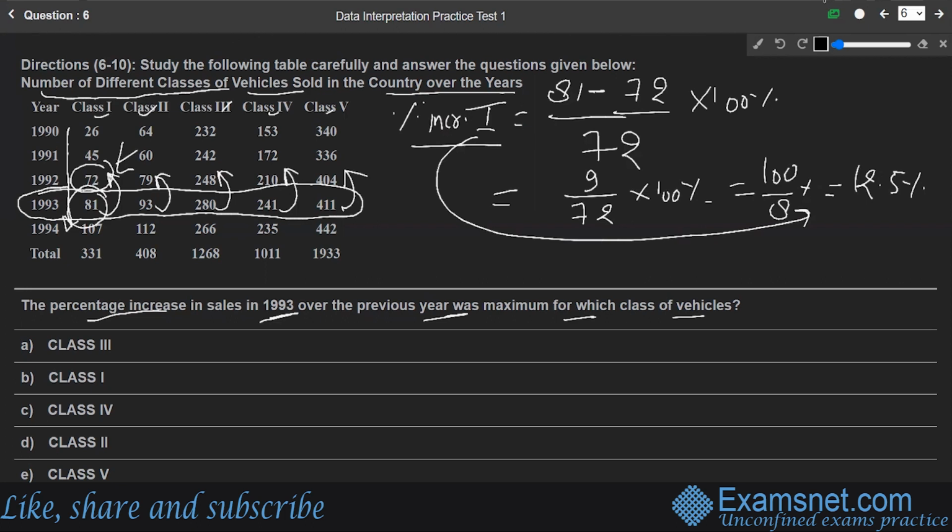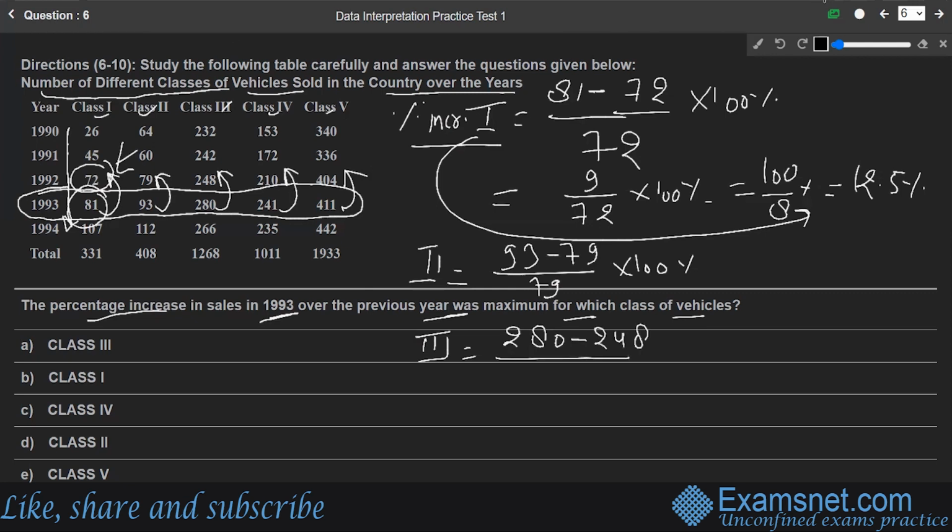We have to calculate this for each class and then compare for which particular class the percentage increase was maximum. For class 2, we do 93 minus 79 divided by 79 into 100%. For class 3, it is 280 minus 248 divided by 248 into 100%.